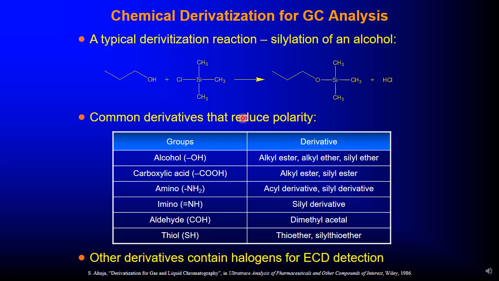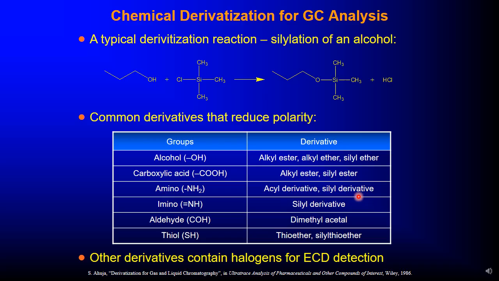Common derivatives that reduce polarity: for alcohol groups, alkyl esters, alkyl ethers, and silyl ethers, like the one we had here. For carboxylic acids, alkyl esters and silyl esters. For amino groups, acyl derivatives and silyl derivatives.